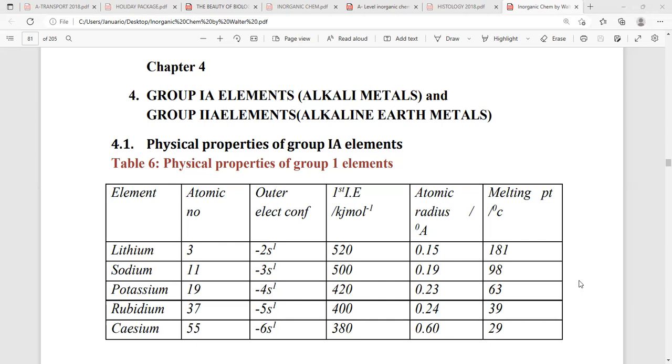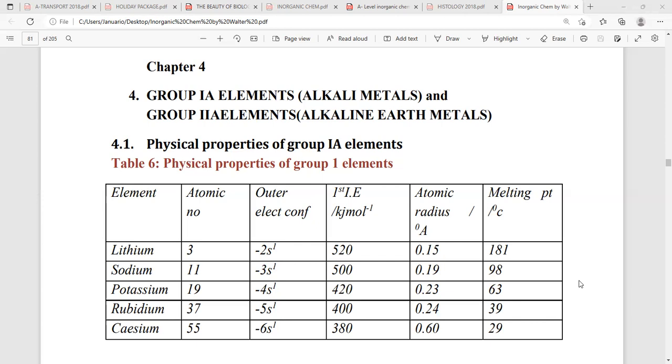As you go down the group, of course, the atomic number increases, and almost all the outermost electrons are found in the s orbital. And as you go down the group, also you have the changing trend of ionization energy, the first ionization energy. It is decreasing down the group as you are coming from lithium to cesium.